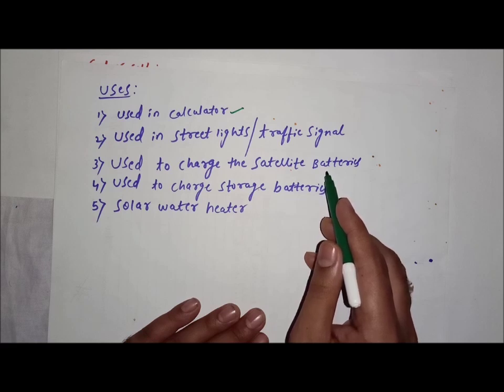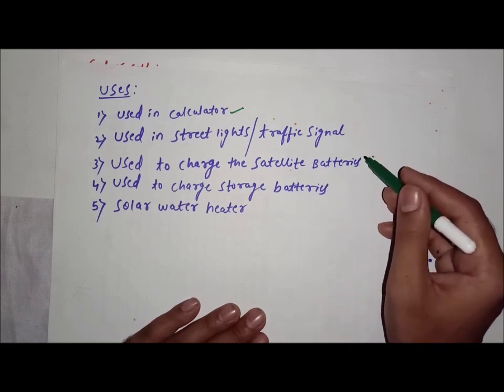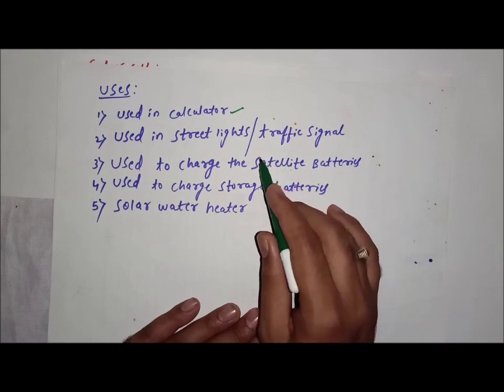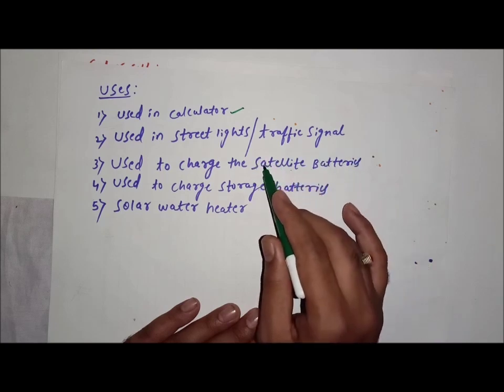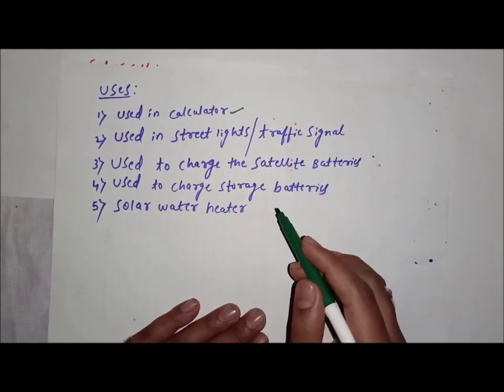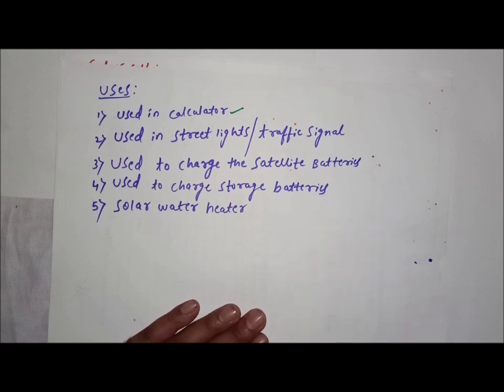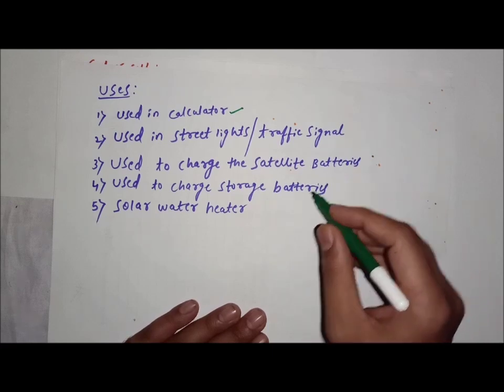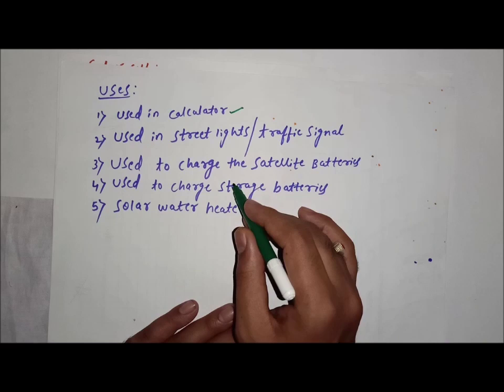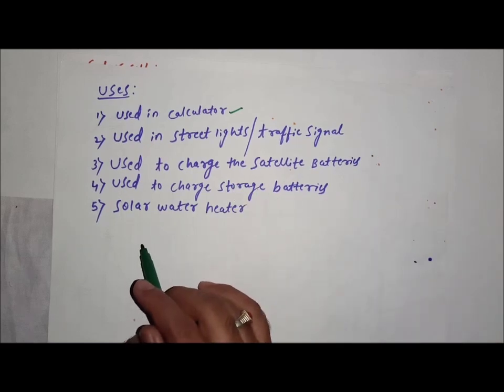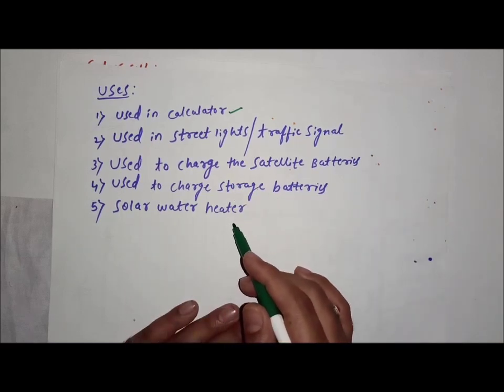The sun itself is producing the light, and that can be used for generating power in satellites, and used to charge storage batteries at our homes or in companies and factories. And next one is used in solar heaters to heat the water.